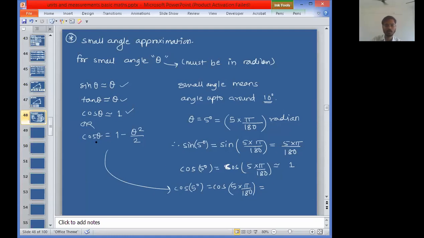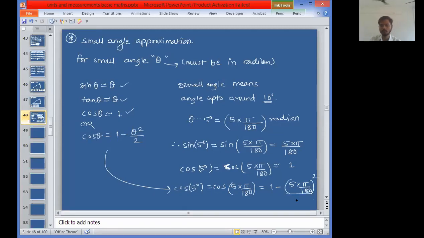Cos theta equals 1 minus theta square upon 2. This is theta. Of course, it must be in radian. So cos of theta, this complete value is in radian. Cos theta is equal to 1 minus theta square upon 2. So 5 into pi by 180 square upon 2. In this way, you can understand it.